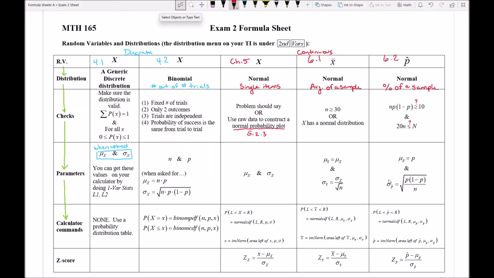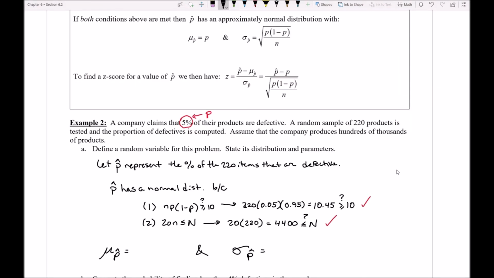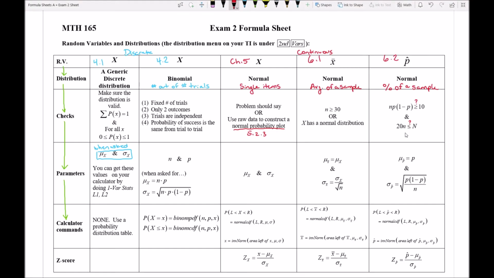Going back to the formula sheet, we see that the mean for p hat is just p. My value of p is 5%, so this value here is 5%. To get my standard deviation, I have to set up this big square root formula where I have p times (1 minus p), divided by n, all underneath this radical.